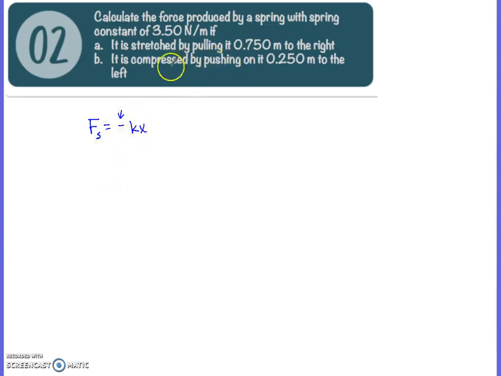So it's got a spring constant of 3.5, and it is stretched by pulling it 0.75 meters. So the force required for that is kx, 3.5 newtons per meter, times 0.75 meters.